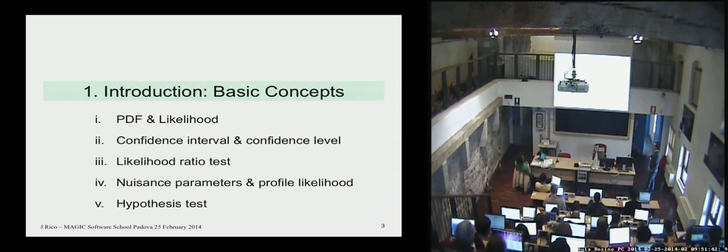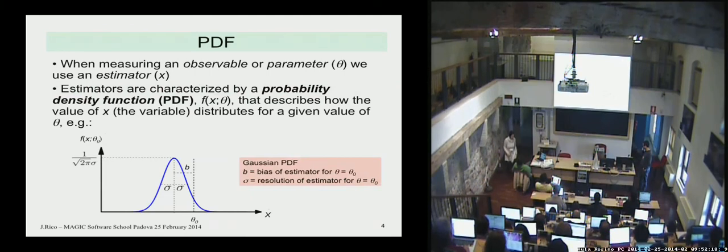The likelihood ratio test, which is a method used everywhere for confidence intervals, but also to compute the significance of a detection. What is a nuisance parameter, and how do we treat it in all this framework? The way we treat it is called the profile likelihood. We will see what it is. And finally, I will also mention a little bit methods for hypothesis testing, which is also based on the likelihood ratio test. So everything is coherent in a sense. And that is used also, for example, for significance computation.